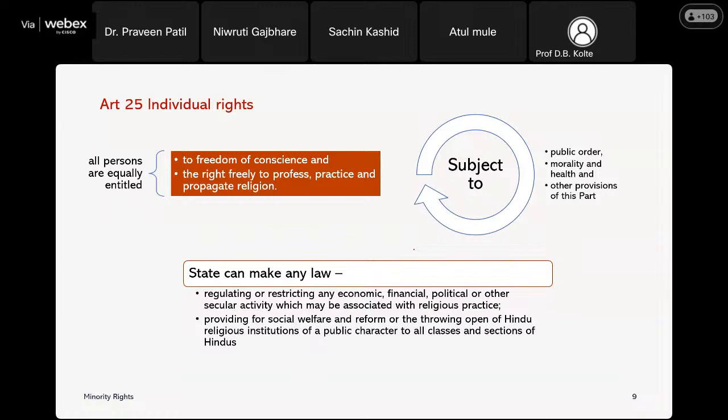in God, you find people who believe in only one or two gods, and there are people who believe in every god they come across. All are welcome under Article 25 of the Indian Constitution.